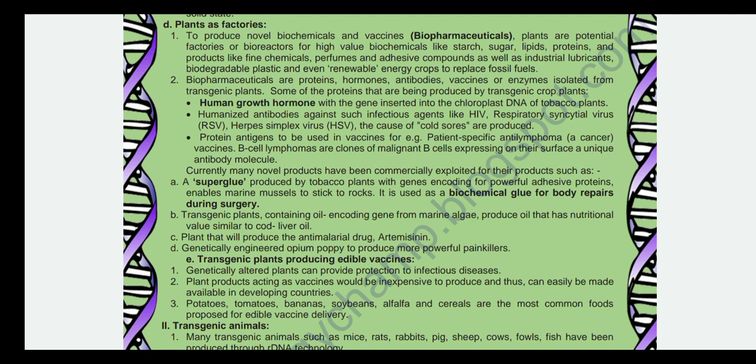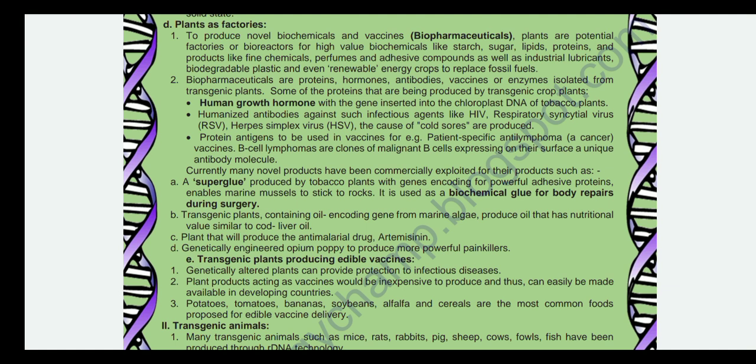So some of the proteins are being produced by transgenic crop plants. First one, that is hormone, human growth hormone, HGH, where in the chloroplast of tobacco plants the gene for it is induced, and humanized antibodies against infectious agents like HIV, respiratory syncytial virus, herpes simplex virus, the cause of cold sore.